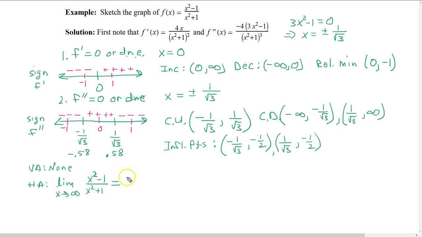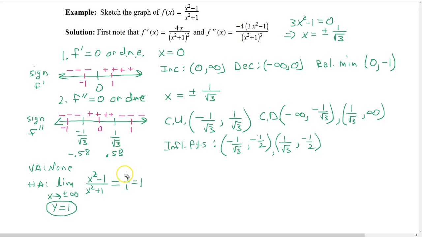So this limit is going to be 1 over 1, which of course is 1. And the same thing for negative infinity. So we have a horizontal asymptote at y equals 1.